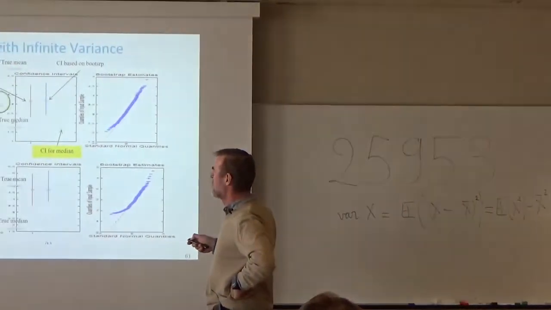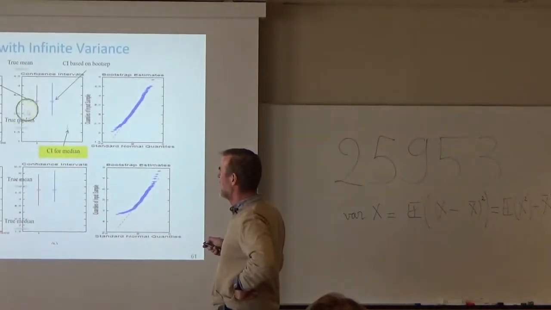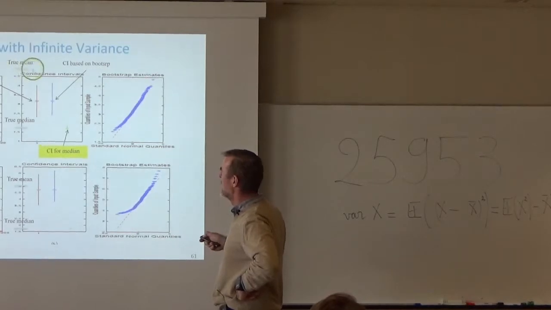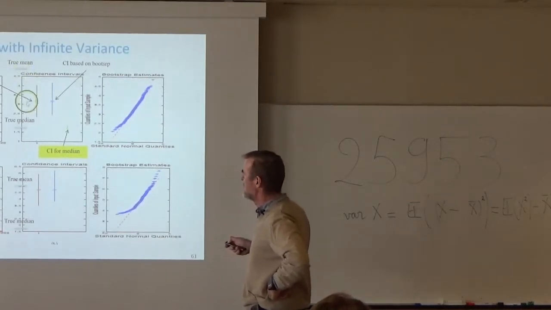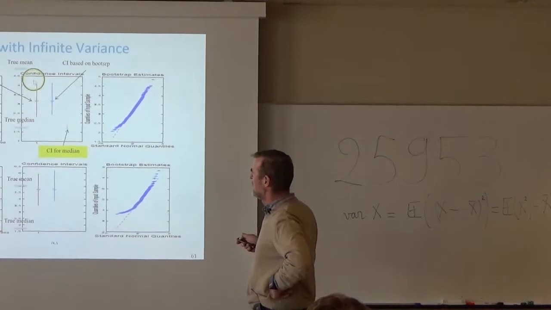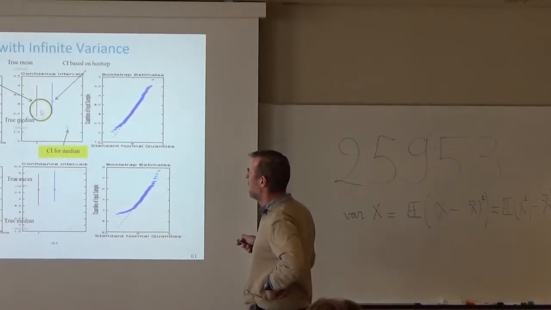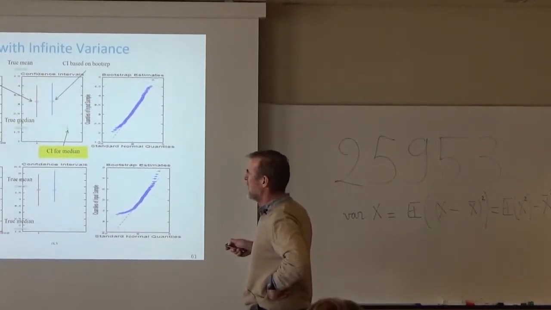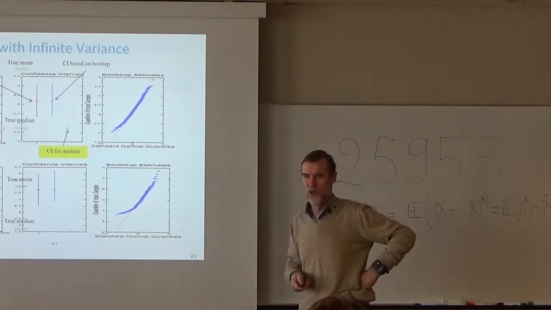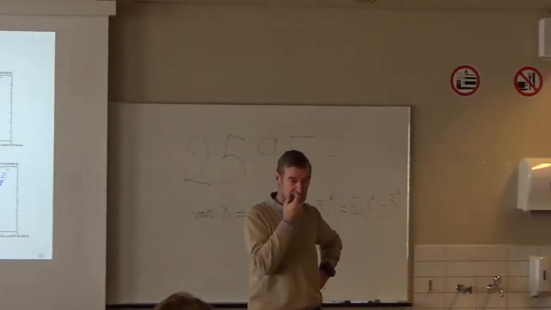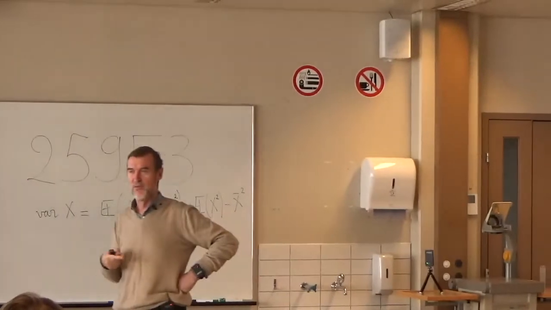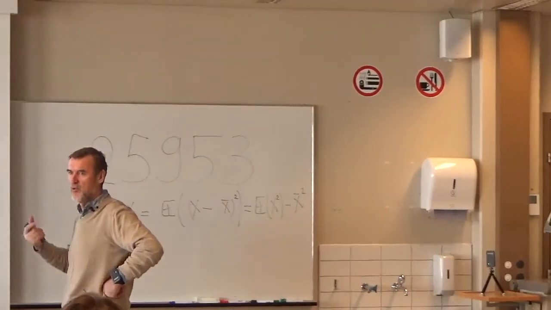Now assume I want to estimate the median and the mean. The true median is shown on the y-axis here, it's this blue bar, and the true mean is here, outside the box. Here I've estimated the mean based on the standard deviation. That assumes that the central limit theorem holds, but the central limit theorem holds only if the standard deviation is finite, because we estimate the standard deviation and we divide by it.